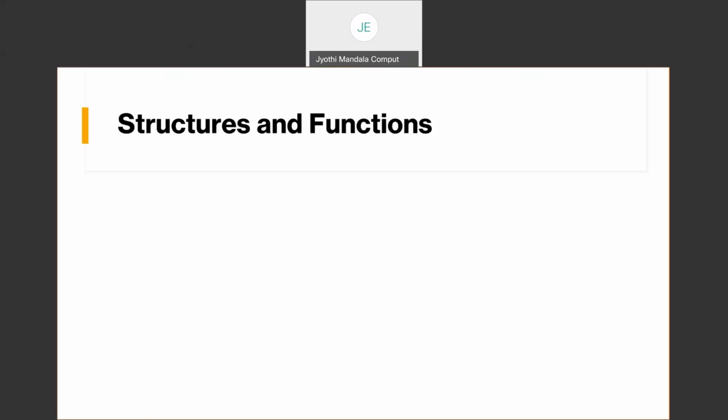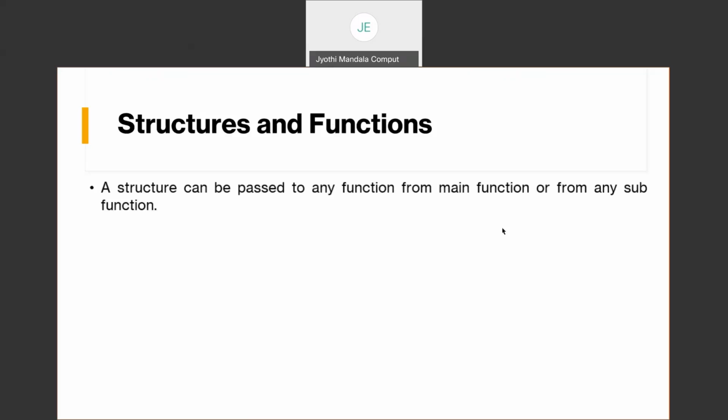While learning about functions, we already learned what a function call is, what actual arguments and formal arguments are, and what types of functions we have. All these things we learned at the time of learning the functions concept. Now, in functions, where you are passing some arguments, how can we pass our structures as an argument to the function? That we are going to learn today.